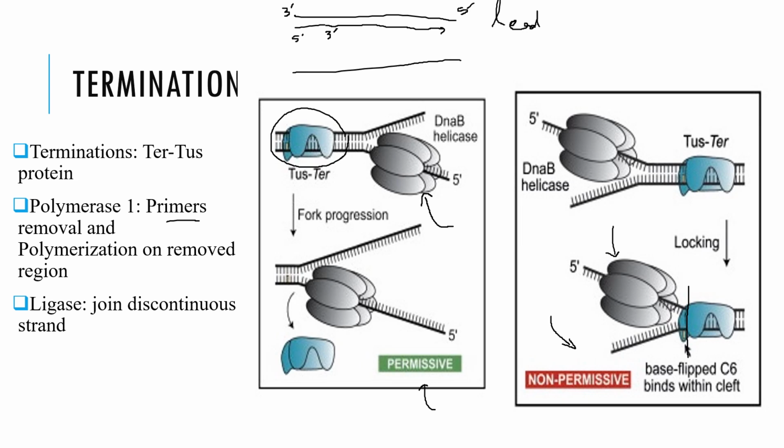Now this is another strand, this is 5', 3'. So here the replication was carried out in 3'. So here the replication was not smooth, so here many primers are present.